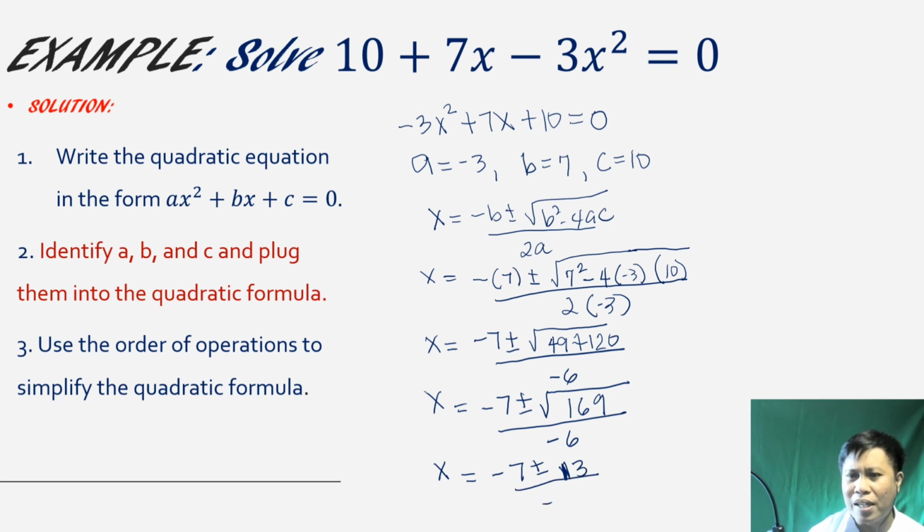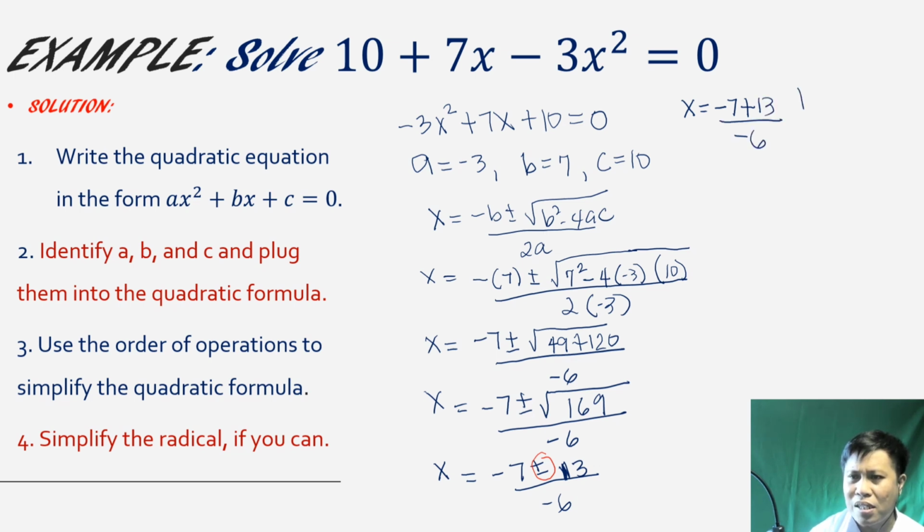All over negative 6. Okay? So we are going to separate the plus and minus. So we'll come up with two equations. So x is equal to negative 7 plus 13 divided by negative 6. And the second equation is x equals negative 7 minus 13 all over negative 6.